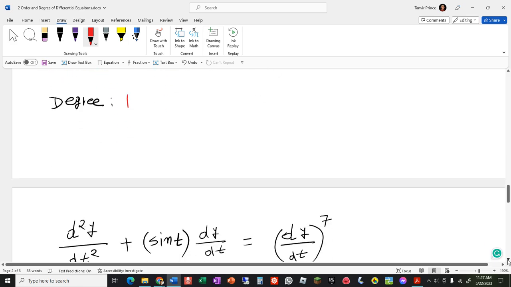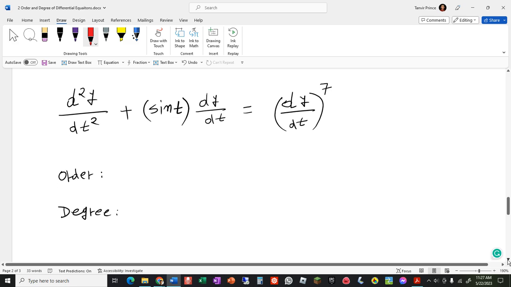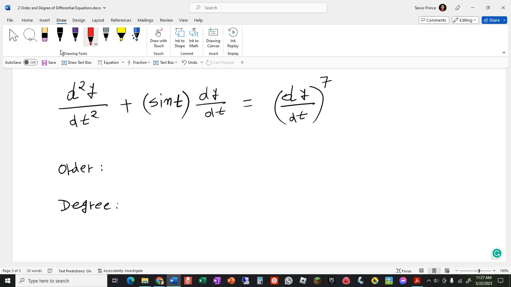Move on to the next one. I see a second derivative. Here, by the way, my function y is actually y of t, because I see the variable t as the independent variable. I also see a first derivative. So my order is 2, since I'm only interested in the highest order, and the degree is 1.